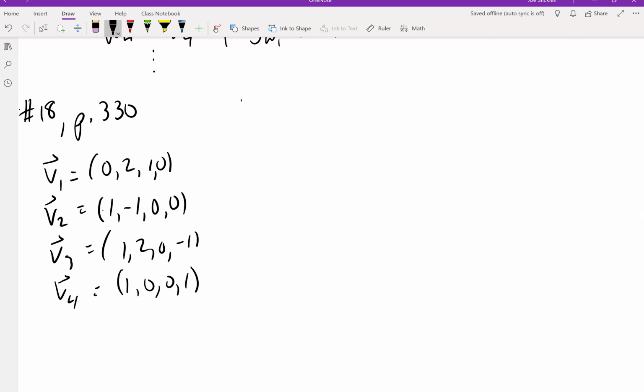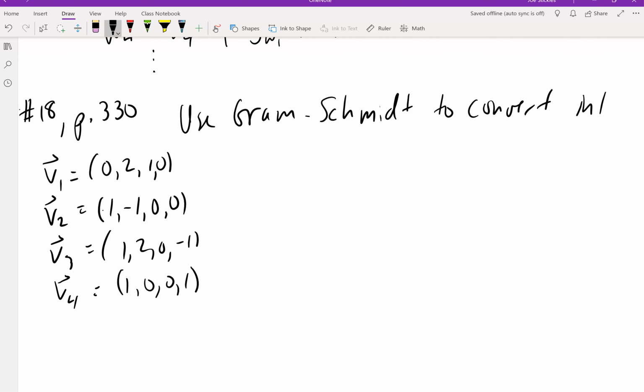All right. And we're going to use the Gram-Schmidt process to convert this into an orthonormal basis. And right now we're just assuming that we are using the standard Euclidean inner product. This process can be used for any inner product space that you want, using any inner product that you want.